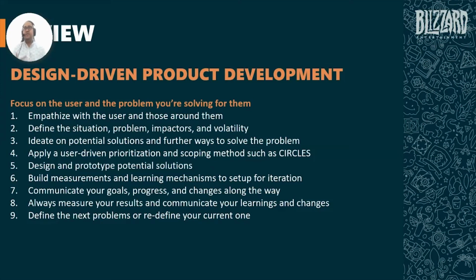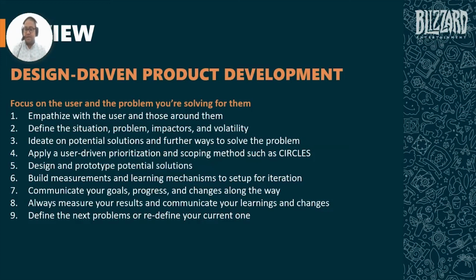So, in quick review, this is taking a design-driven product development approach, whereas there are other ways to do this. There's technology-driven approaches, there's data-driven approaches. This one empathizes with the user and goes from there. So, if we look at the process itself, you're focusing on the user and the problem you're solving for them, and everything else you're doing goes around that.